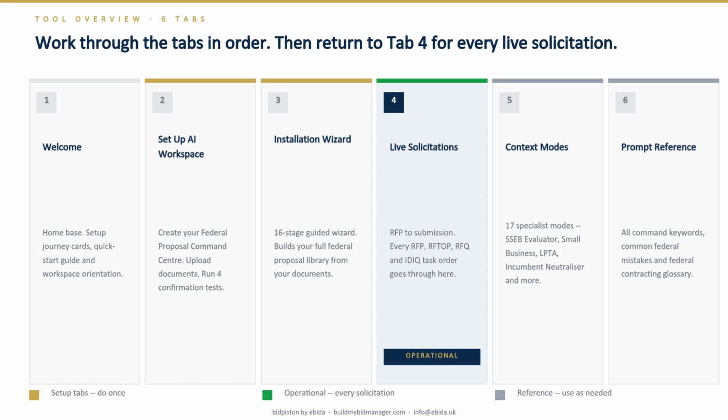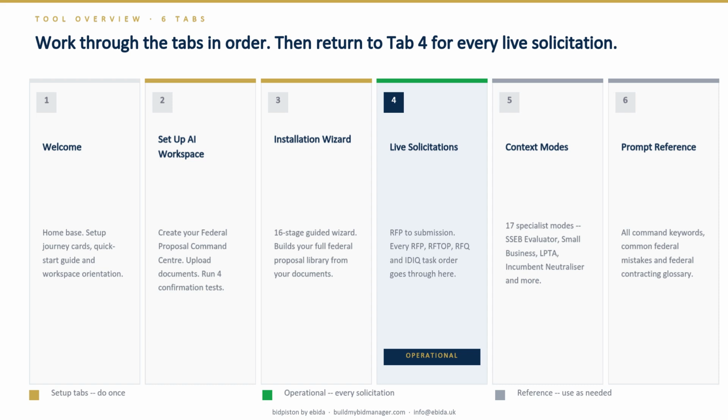Tab 1 is Welcome, your home base. Tabs 2 and 3 are Setup tabs. Tab 2 creates your Federal Proposal Command Center and uploads your documents. Tab 3 runs the installation wizard that builds your full federal proposal library.